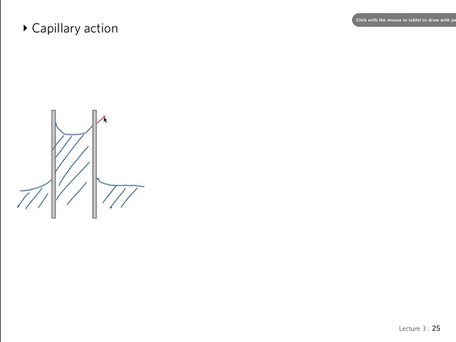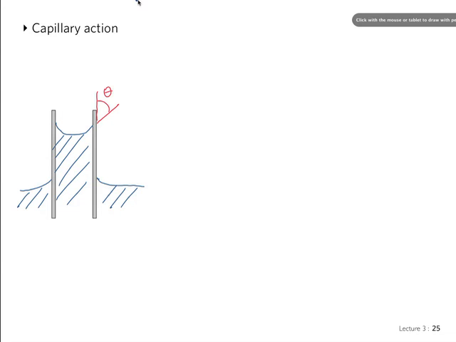So there's an angle between the surface, the interface, and the solid. And this is also compounded with the effect of sometimes, on a very small length scale, having this liquid able to climb inside a small pipette and so on.